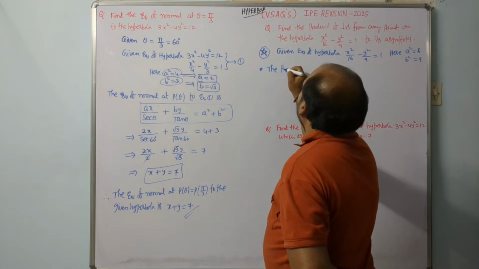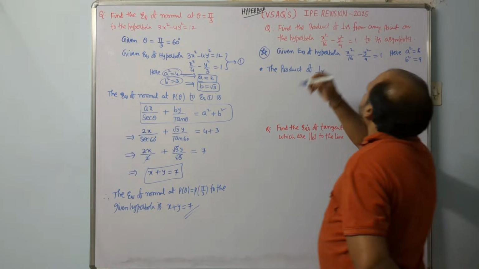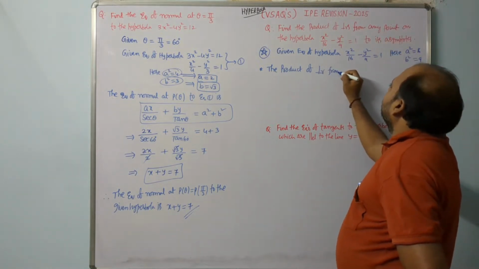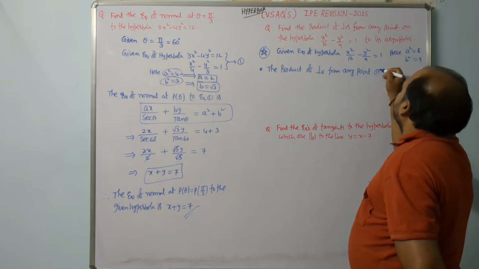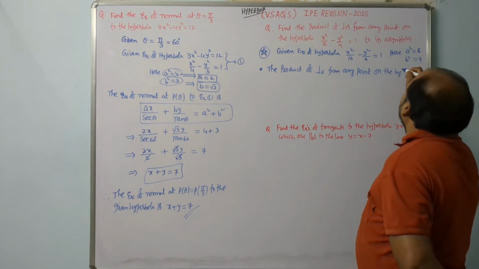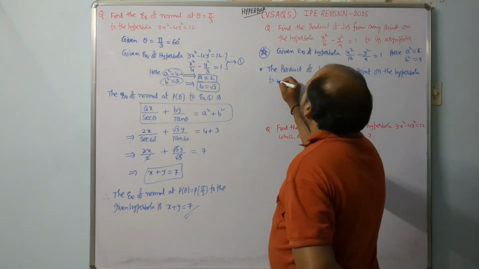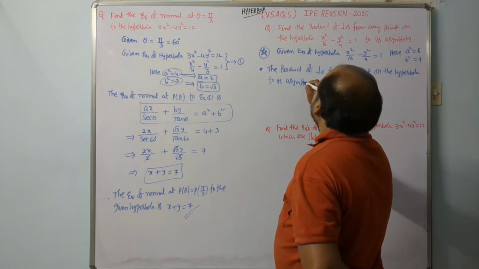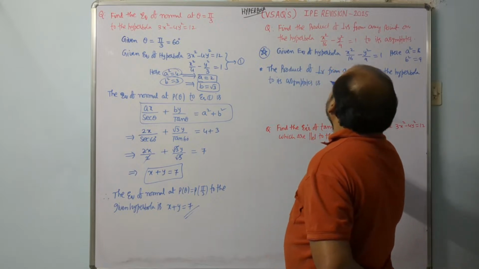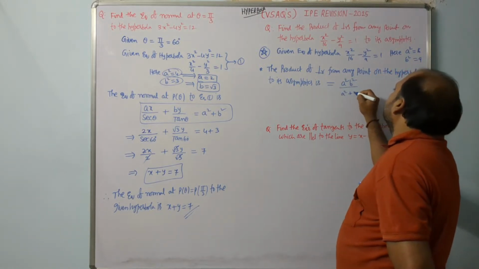The product of perpendicular distances, the product of perpendiculars from any point on the hyperbola to its asymptotes is a square b square by a square plus b square.